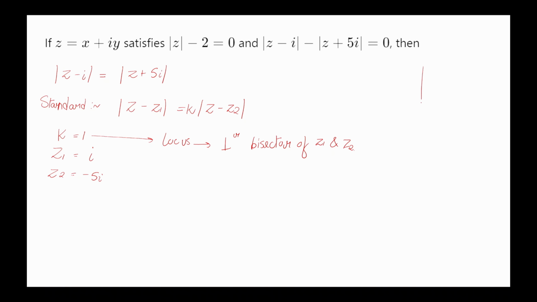So if I try to draw my z1 and z2 in the Argand plane, my z1 is going to lie somewhere here, which is iota, which is 1, and my z2, which is minus 5, is going to be somewhere here. Right, now I'm plotting my z1 and z2. So this is my z1, this is my z2. My locus is basically the perpendicular bisector of z1 and z2.